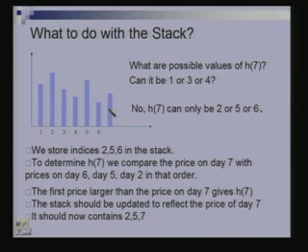But now once I know h of 7, I should update my stack. Earlier it contained the indices 2, 5 and 6. What should it contain now? 2, 5 and 7. Is that clear? Because for 8 now, h of 8 can never be 6. So, I should get rid of the 6 and replace it by 7.